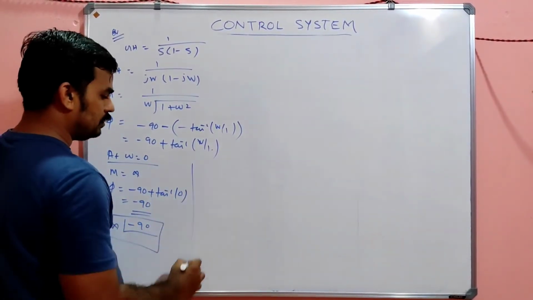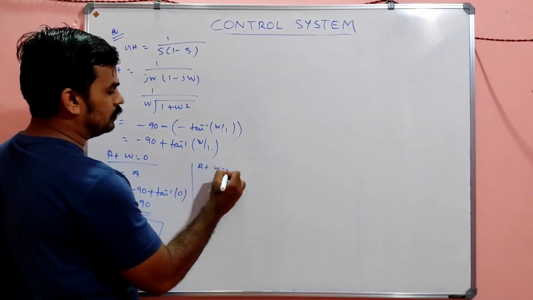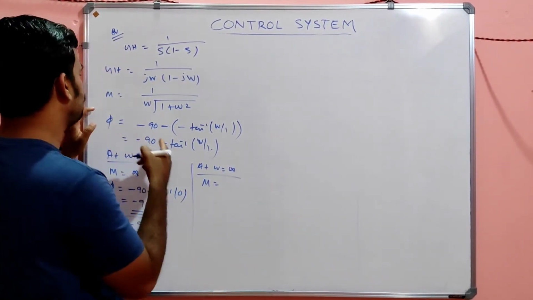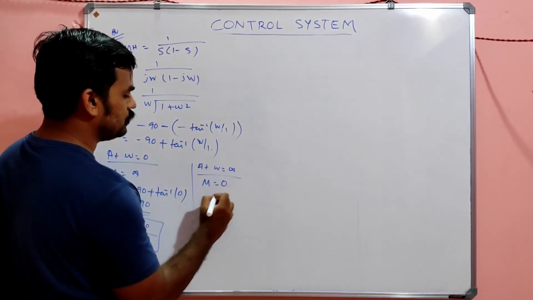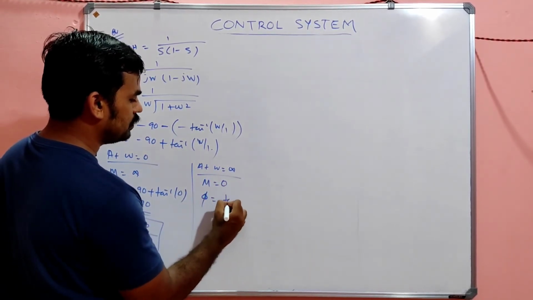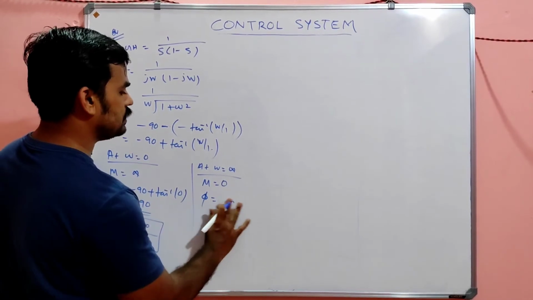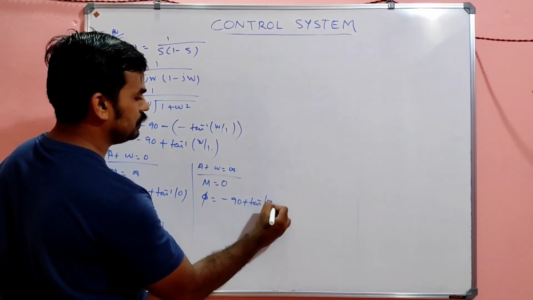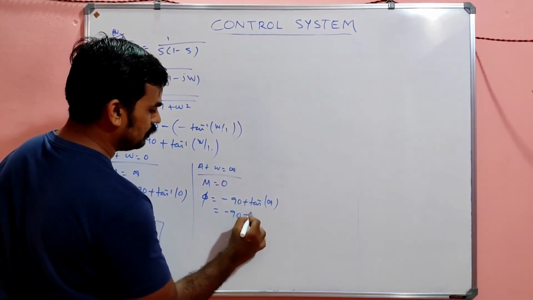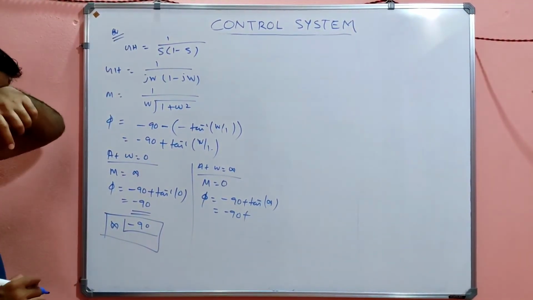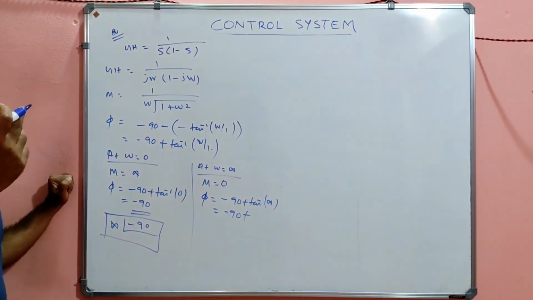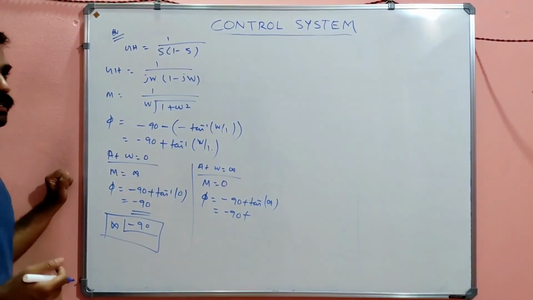And what happened at omega equal to infinity? Magnitude will be, when you substitute infinity, 1 by infinity, which becomes 0, and the phase angle will be minus 90 plus tan inverse infinity. Tan inverse infinity is nothing but sin 90 by cos 90, so it will be 90.